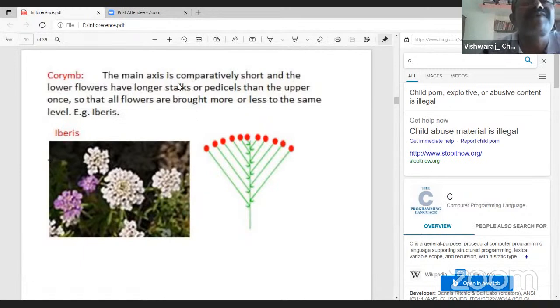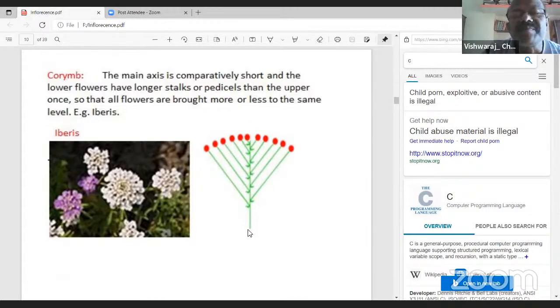The main axis is comparatively short, and the lower flowers have longer pedicels than the upper ones, so that all flowers are brought more or less to the same level. Example, Iberis. This is the best example.